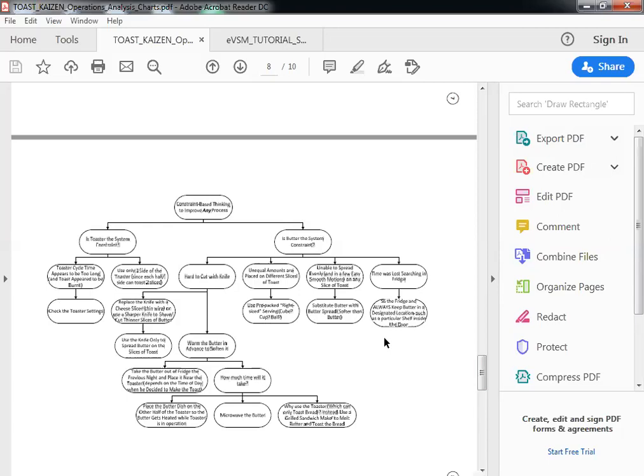That is where the Gantt chart and the observation that it was hard to cut the butter should both be used together. So basically what you're saying is, look, the total time it takes me to toast a slice of bread, I have to compare that lead time, that longest path component of the project, with the total time it takes me to prepare the butter for it to be applied.